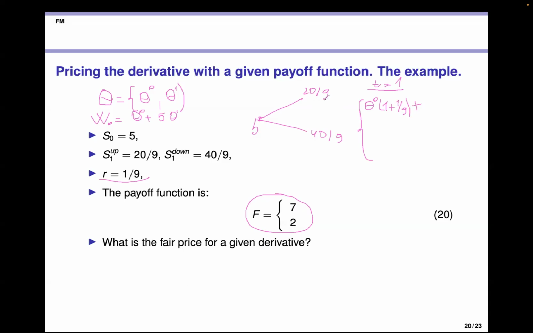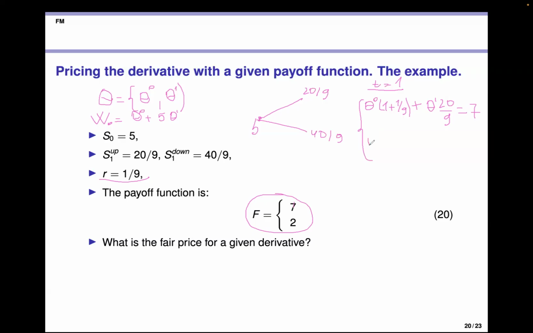Then we take the up, the S up. We take theta 1 and multiply it by 20 divided by 9. Yes, you're right. And it equals 7, because it is what happens with the portfolio in the up scenario, and it is how much the payoff function gives, 7. Yes, you're right. But what about the down scenario?